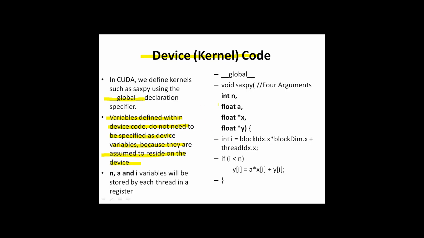So i is defined inside the kernel, and n and a are passed as arguments. These will be stored by each thread in a register, as we discussed earlier, because these are single element variables.